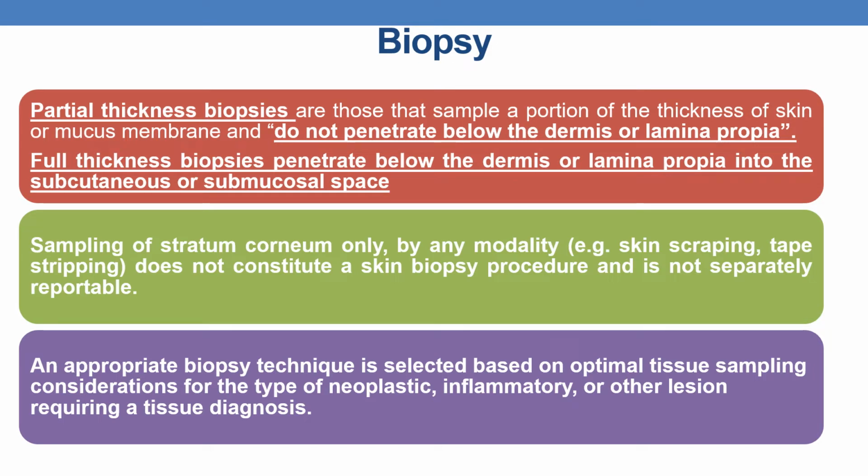Whereas full thickness biopsies penetrate below the dermis or lamina propria into the subcutaneous or submucosal space. That is the basic difference between partial thickness biopsies and full thickness biopsies.